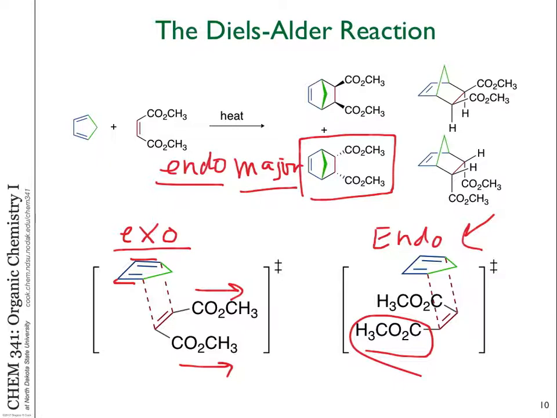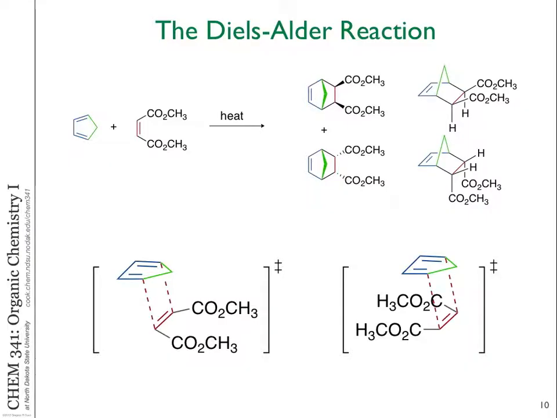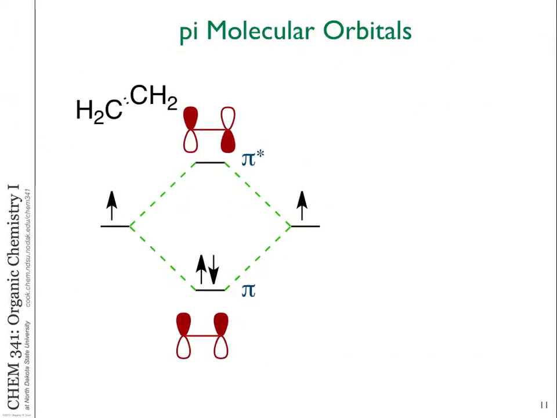In order to really understand that, we have to talk a little bit about how these orbitals interact in the reaction. Okay, so I'm going to pull out a little bit of molecular orbital theory. Remember, molecular orbital theory says orbitals don't exist necessarily on individual atoms, but are spread out over the molecule. And it's a different way to look at it.